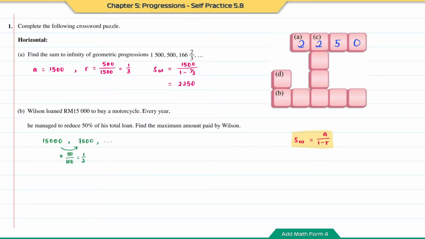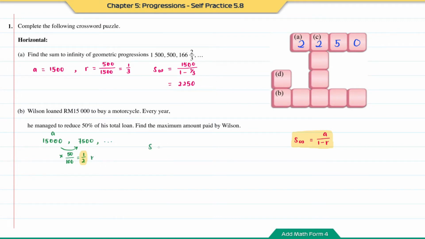The question here is asking you to find the maximum amount paid by Wilson. In other words, you are finding the sums to infinity of these loans paid by Wilson. So here the a will be the 15,000, and the half, 1 over 2, will be the common ratio.